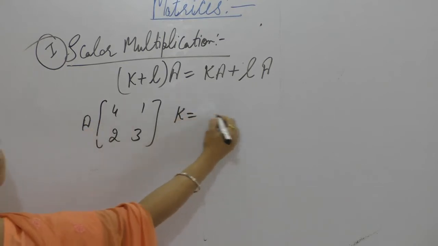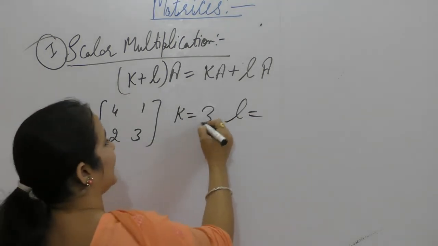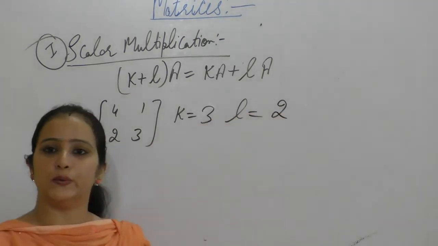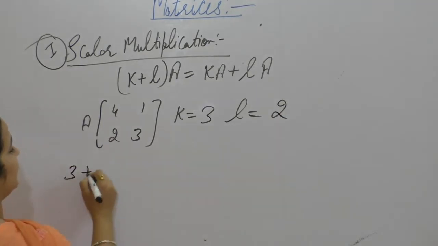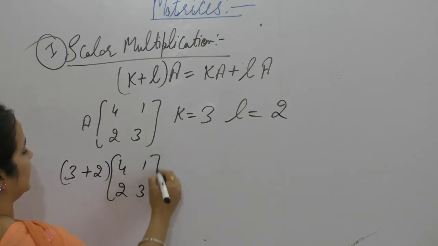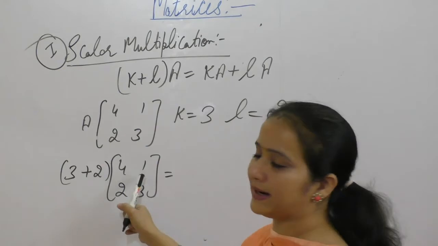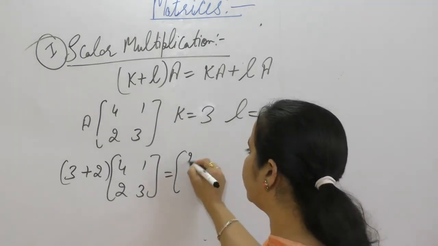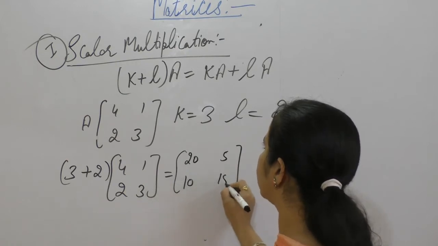K is any scalar, say 3, and L is any scalar having value 2. Now K plus L, 3 plus 2, into matrix A. 3 plus 2 is 5. So multiply the whole matrix by 5: 5 into 4, 5 into 1, 5 into 2 and 5 into 3.